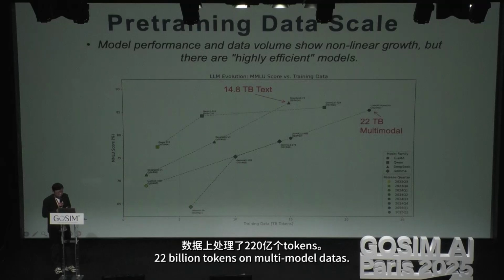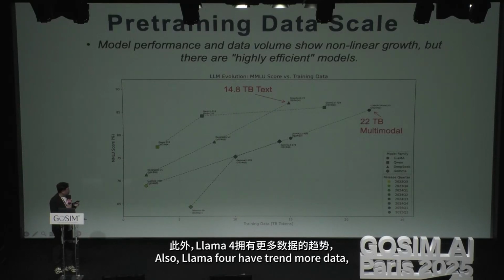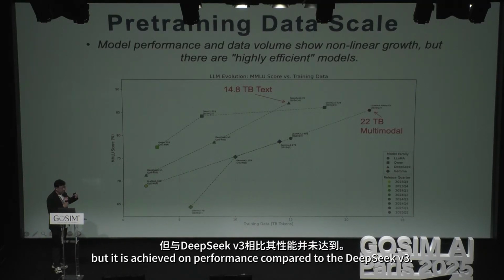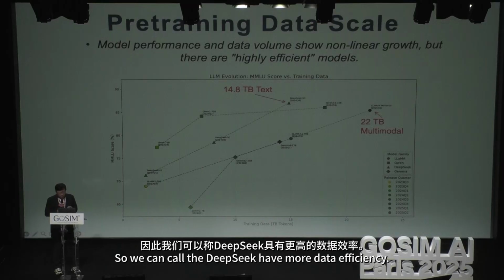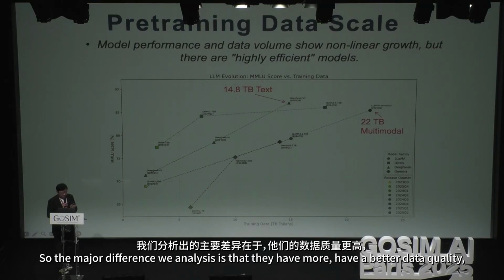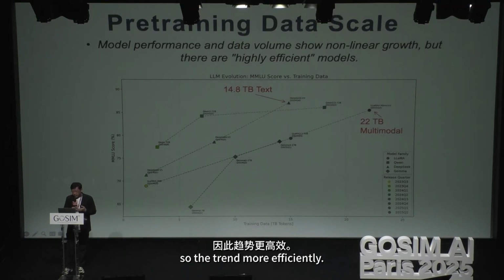Although Llama 4 has trained on more data, it did not achieve better performance compared to DeepSeek V3. So we can say DeepSeek has more data efficiency. The major difference we analyzed is that they have better data quality, so they train more efficiently.